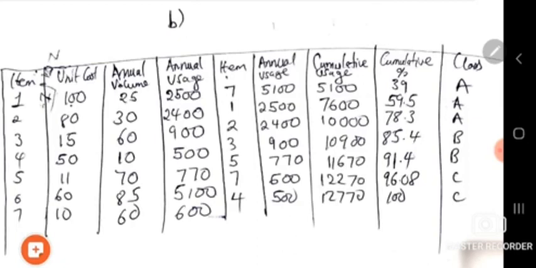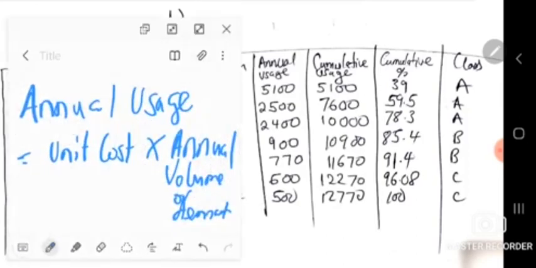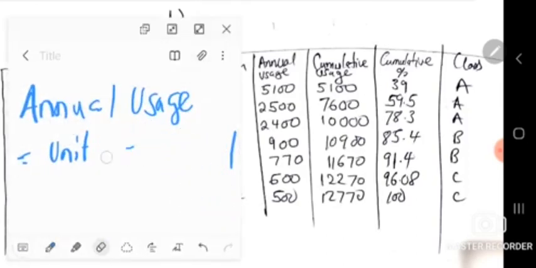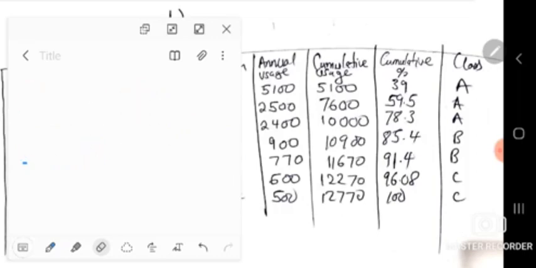Basically, you're just adding. Then the next column is what they call cumulative percentage. Now you're looking at the cumulative usage as a percentage. That's what you're doing in the next column. Now, how do you get those percentages, one might ask. I'll erase what's on the screen in this other window where I was writing the formulas. The cumulative percentage, another point to take note of.